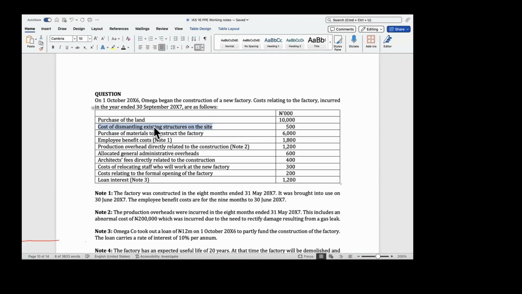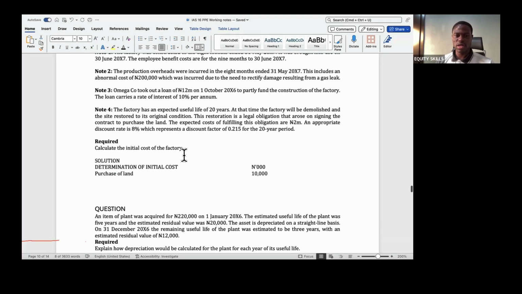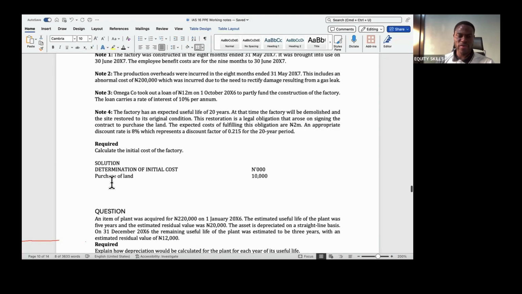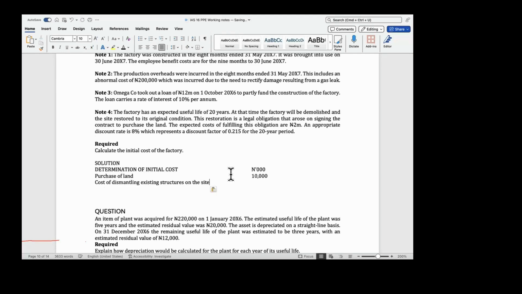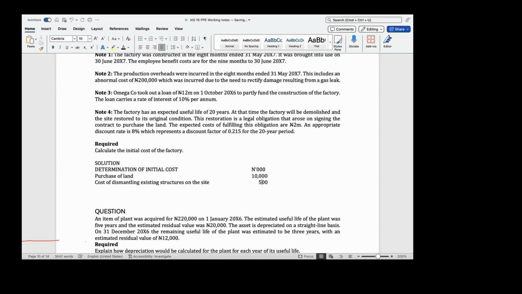So cost of dismantling existing structure should be capitalized because it's like site preparation costs, like directly attributable costs. So let me take it there. But Femi, you were trying to say something. Yes, that's what I wanted to say. What do you want to say? That it should be capitalized because you have to prepare the place before you build.